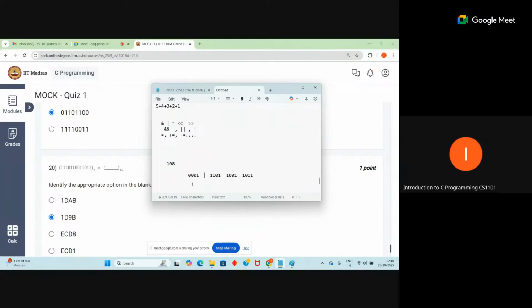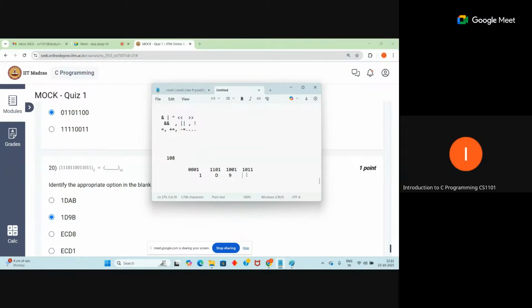Now what is the hexadecimal equivalent of this? It is 8 plus 4 plus 1, which is 13. 10 is A, 11 is B, 12 is C, 13 is D. So 13 means D. The next one is 8 plus 1, which is 9.